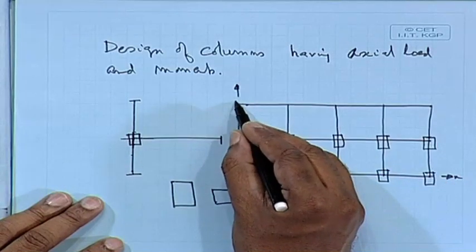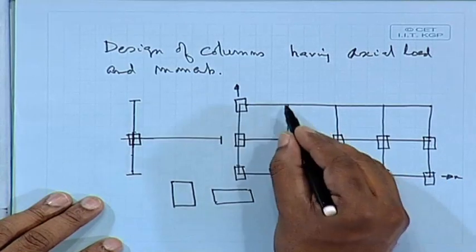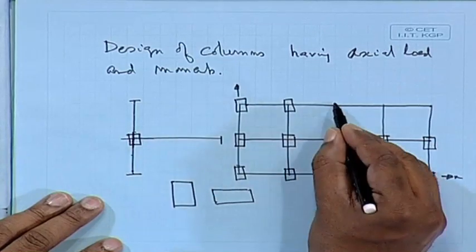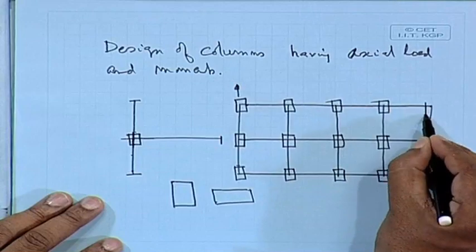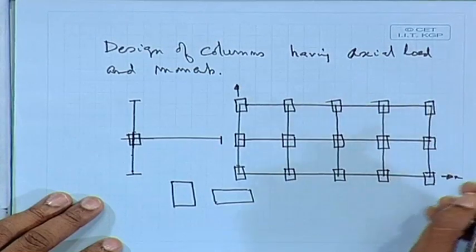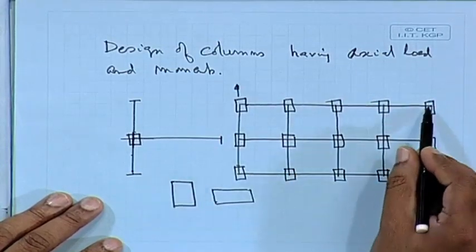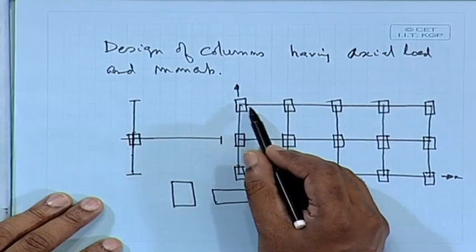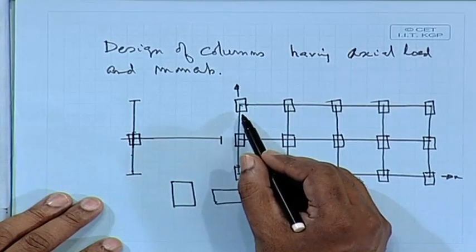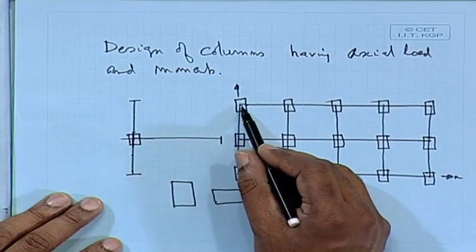Sometimes it happens that there are a few cases, for example, here these corner columns, that means the moment could be about both axes.